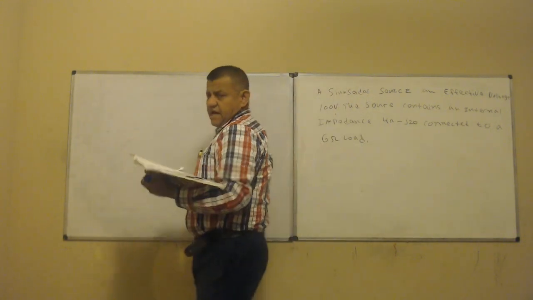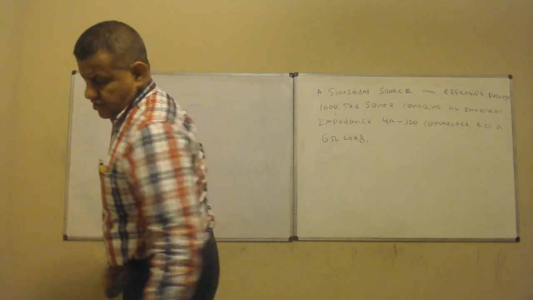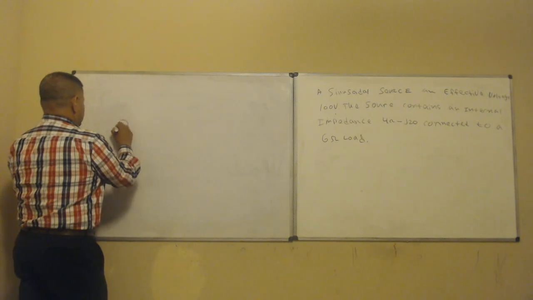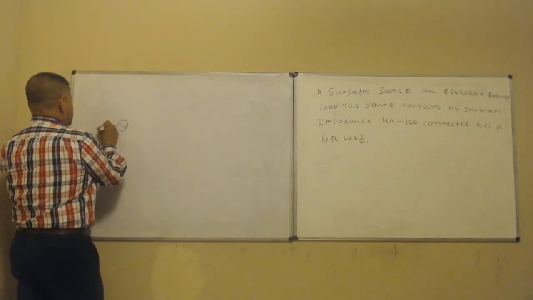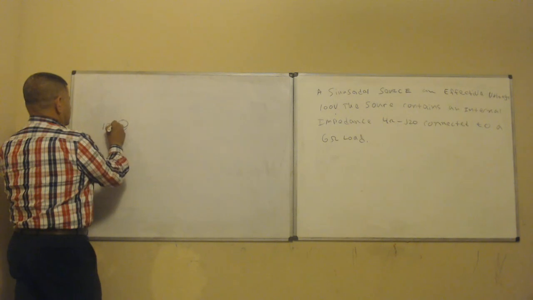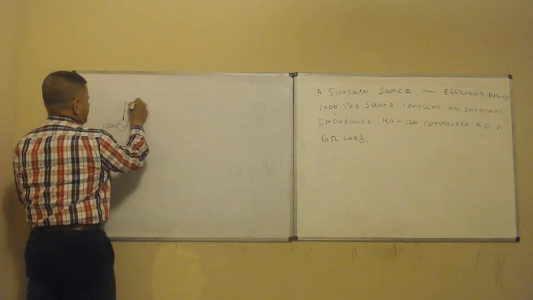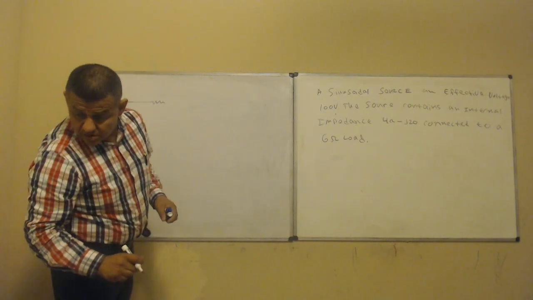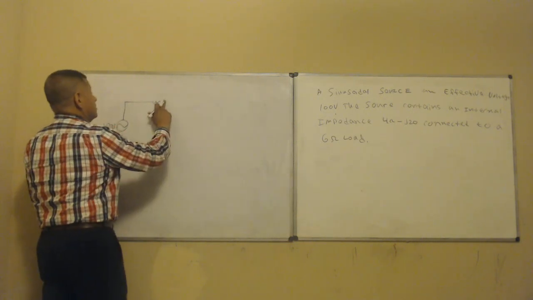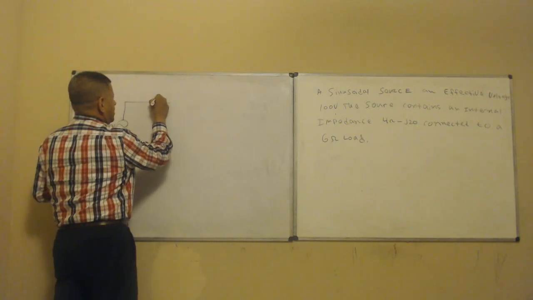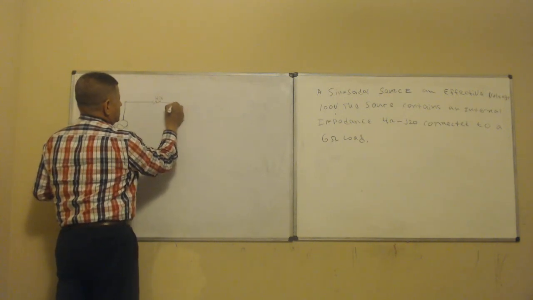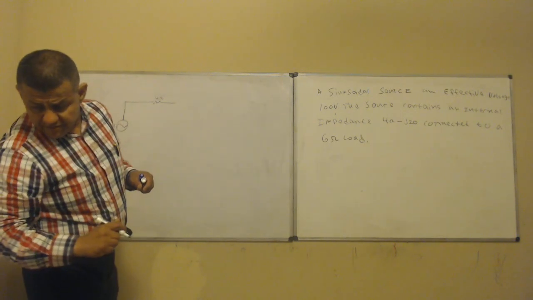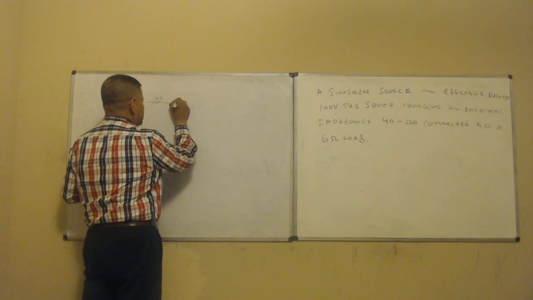So now we have a circuit. Circuits like this. So we have a source, right? This is 100 volts. And then we have a resistor of 4 ohms. And we have a capacitor, right? Of course, it's a capacitor.